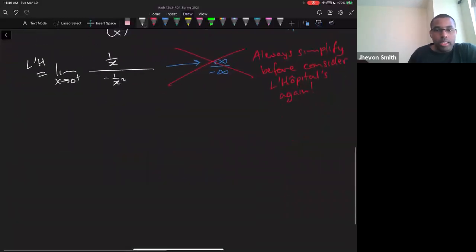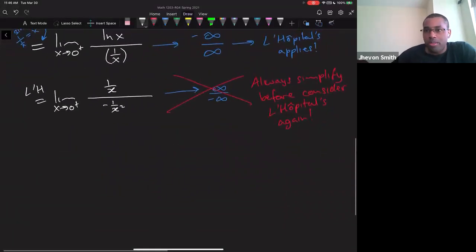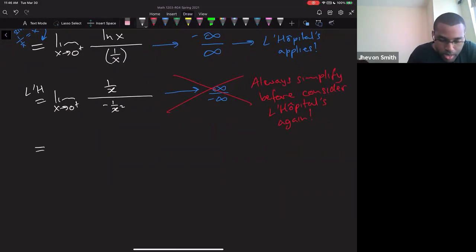Instead of looking at that as another infinity over infinity, I'd have to do it again and again and again, and it's like, oh my God, this is never going to end. However, if you were to just stop and simplify, you'd realize that you end up in a very different situation.